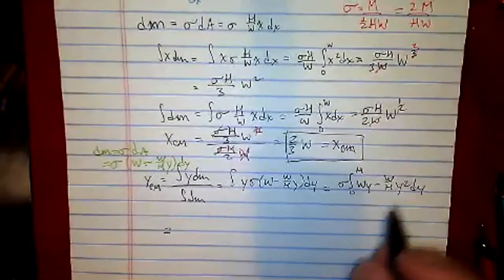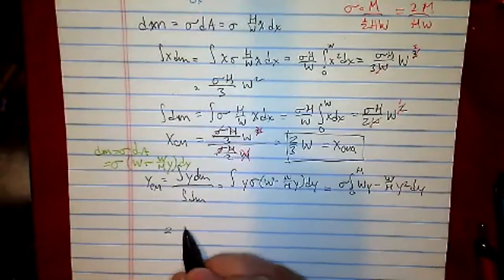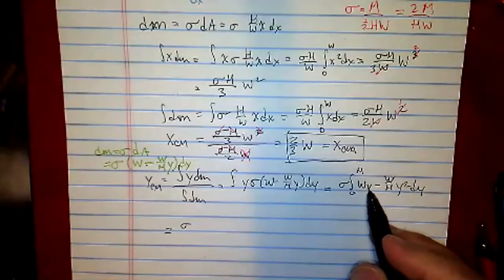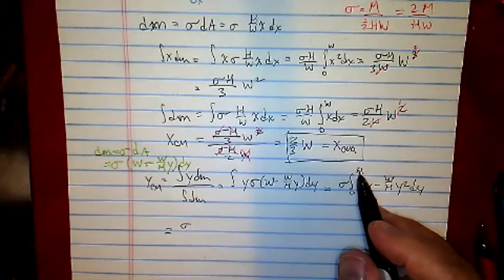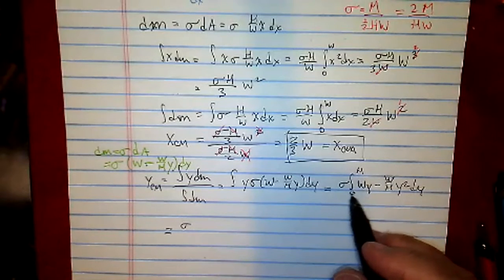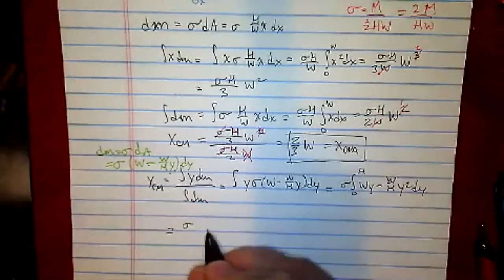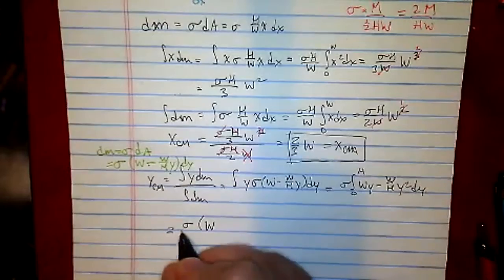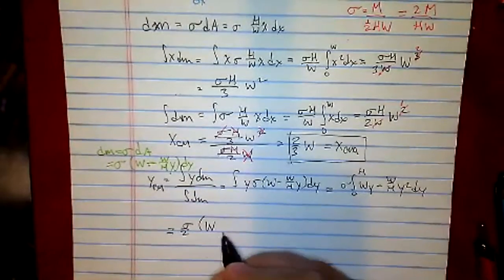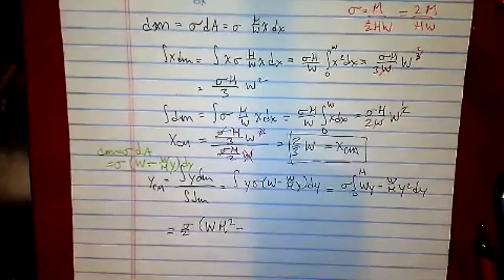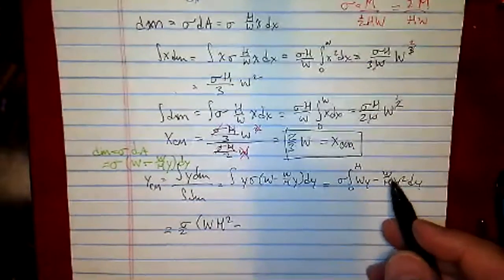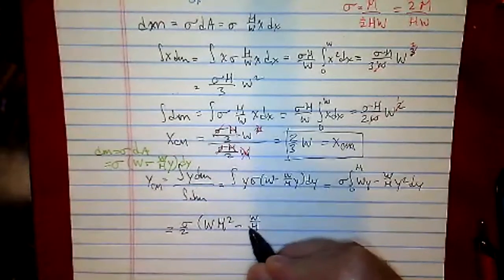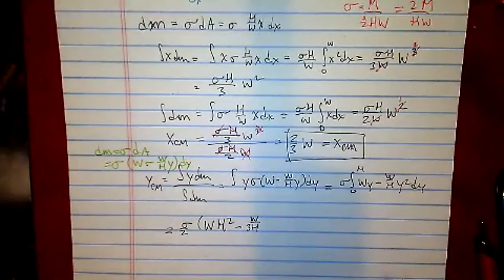Continuing on, I get the sigma on top. Now this will become 1/2 y squared, which evaluated at h becomes 1/2 h squared, and evaluated at 0 becomes 0. So I'll say sigma over 2 times w h squared, minus this one's going to become 1/3 y cubed.